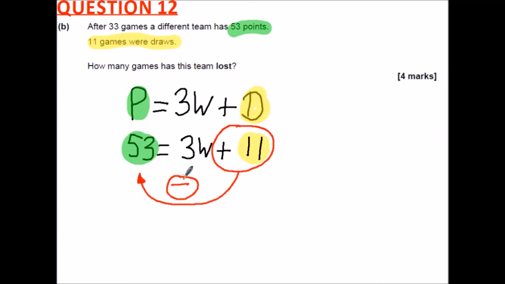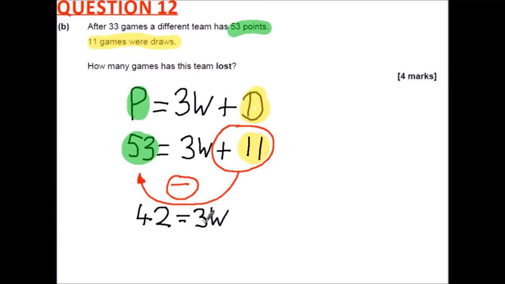What's actually happening is we're going to take 11 from each side. If we take 11 from this side, it disappears, but to balance out the equation, we take 11 off here. It just looks like you're swapping the side and swapping the sign. As I say, it's a bit of a shorthand way of explaining it. So 3W will equal 53 take away 11. 53 take away 11 is 42.